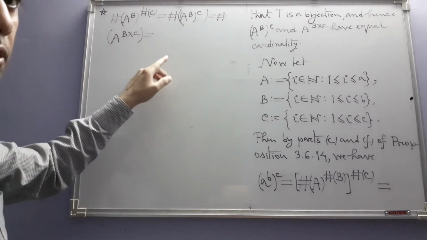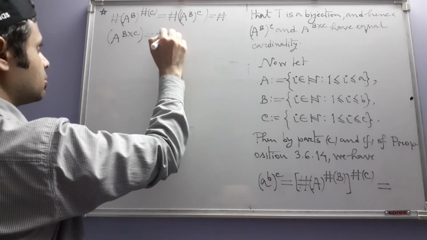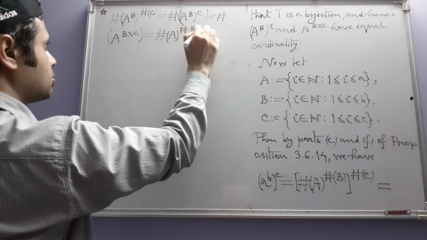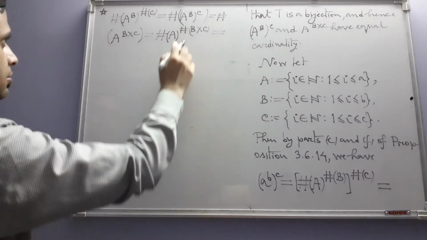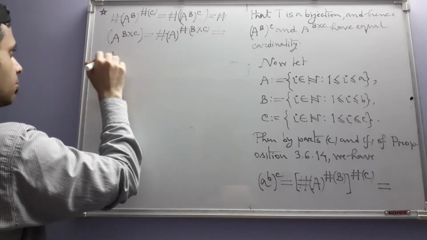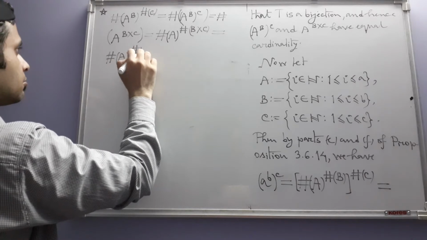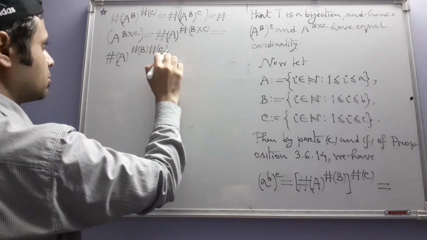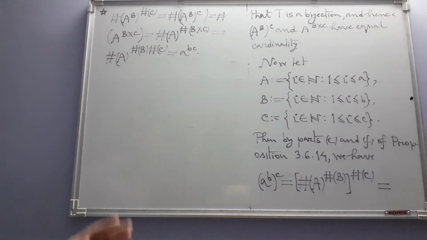First, if you apply part F once again, then this will be the cardinality of A to the power cardinality of B cross C. And if you then apply part E here, you will get this, and this is nothing but a to the power bc. So that's how one of the rules of exponent has been proved.